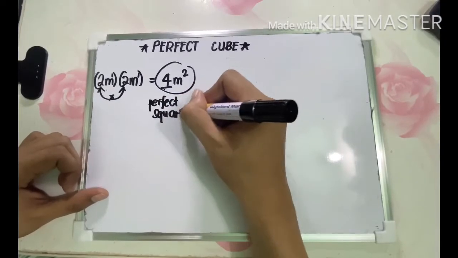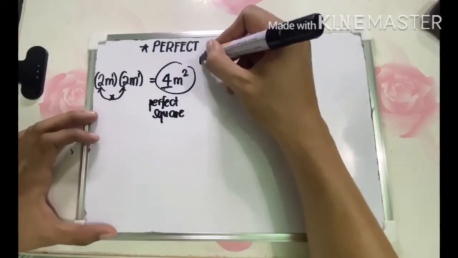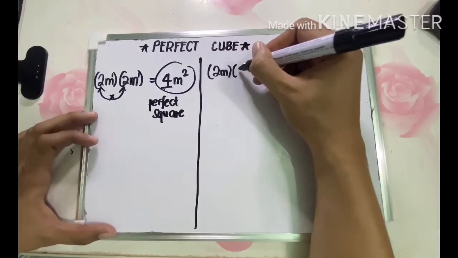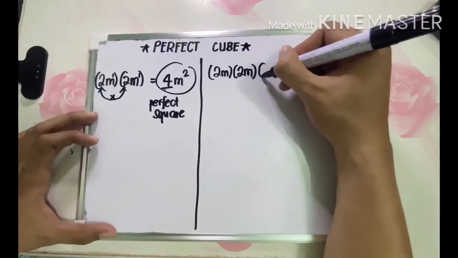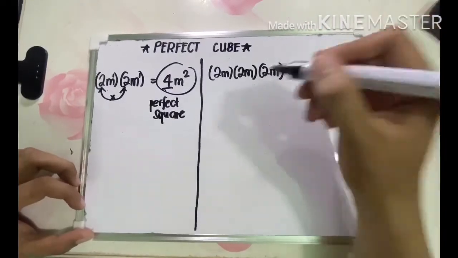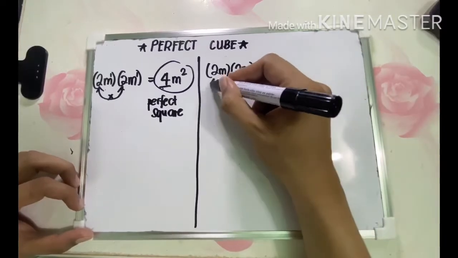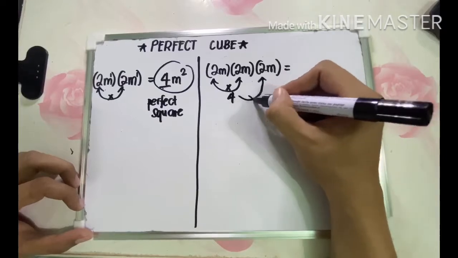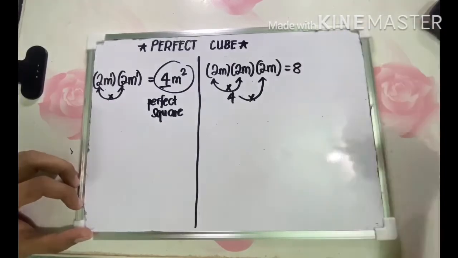Now, what if we have 2m times 2m times 2m. So multiply. 2 times 2 is 4. Then 4 times 2 is 8.